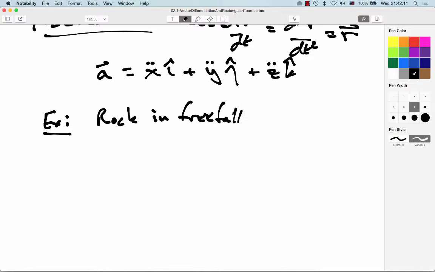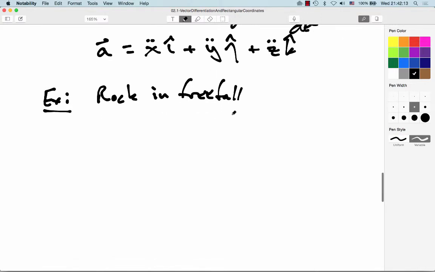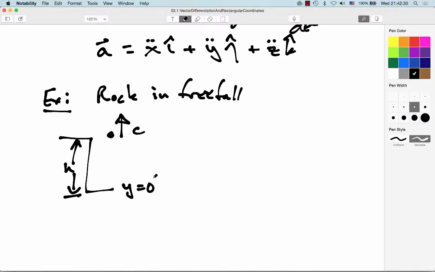Okay, so let's say I've got a ledge here, or some height h above the ground, and I launch my rock up at some velocity c. And let's say that y equals 0 is at the base of the cliff.